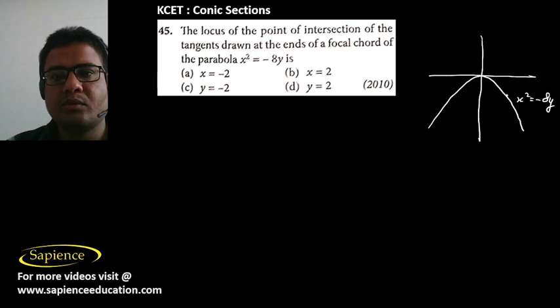Now the locus of the point of intersection of the tangents drawn at the ends of the focal chord. Let's say this is the focus F, so this will be a focal chord, and these are the tangents drawn at the endpoints.